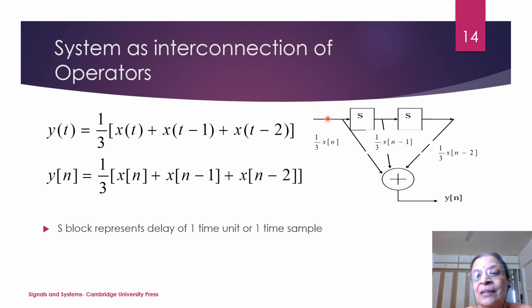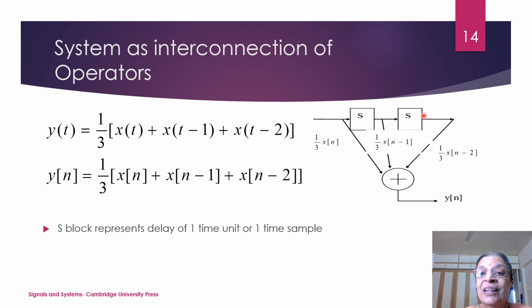We can represent this system as y[n] equal to 1/3 of x[n]. Let us say this is x[n]. So I take 1/3 of x[n], that is, just multiply the input by 1/3. Then allow a one time unit delay, that is, you get x[n-1], multiplied again by 1/3 to get 1/3 x[n-1].